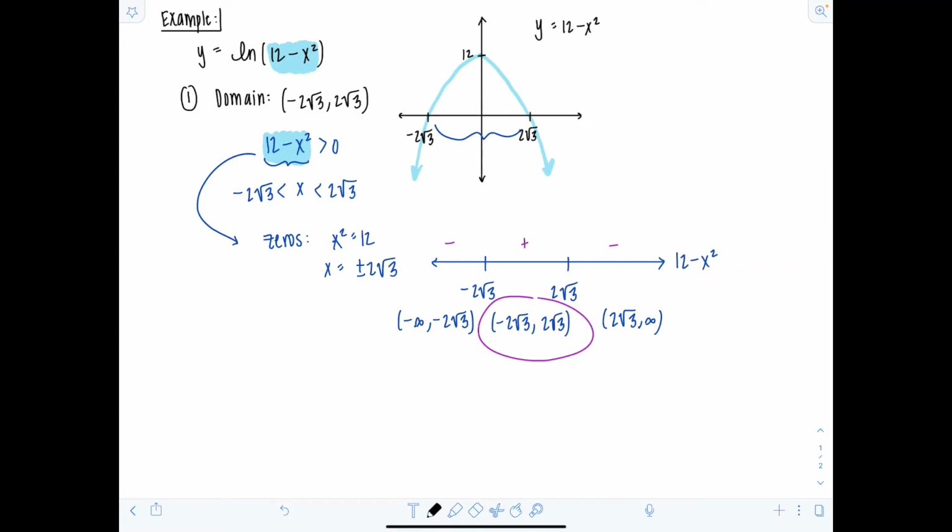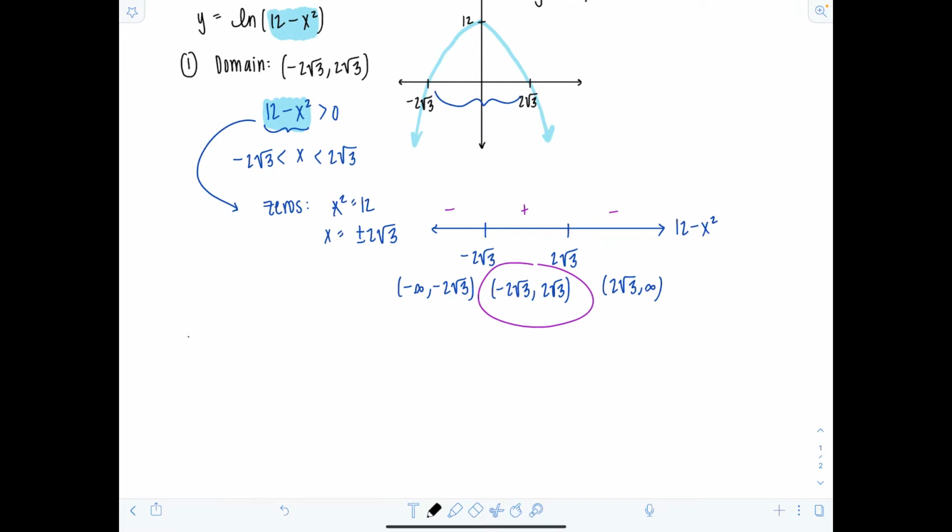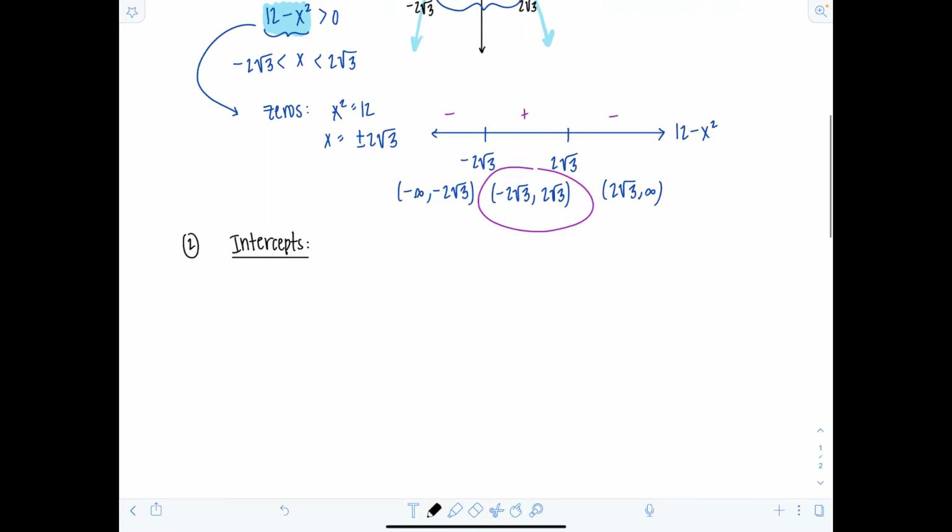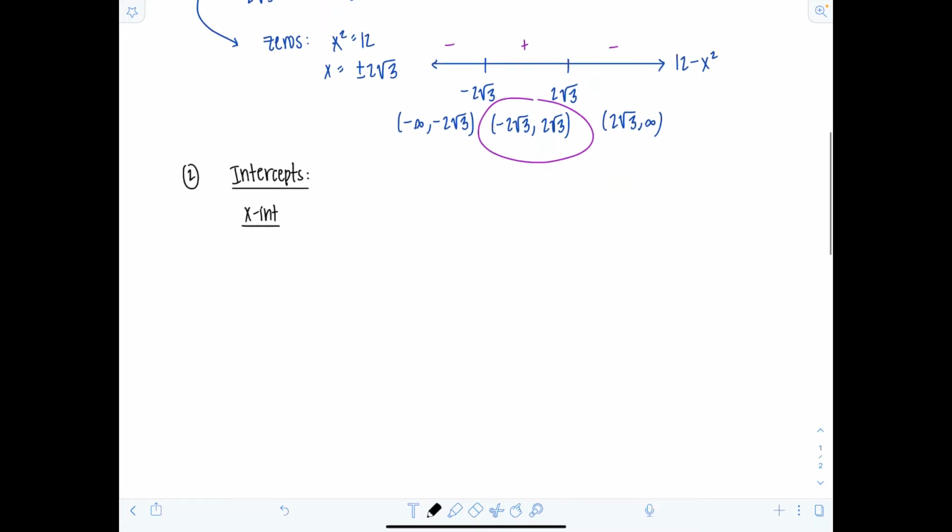Beautiful. Okay, next step is we need to find our intercepts. Alrighty, so let's see here. We're going to have x-intercepts. X-intercepts come from setting y, or the function, equal to 0, which would mean 0 equals natural log of 12 minus x squared.